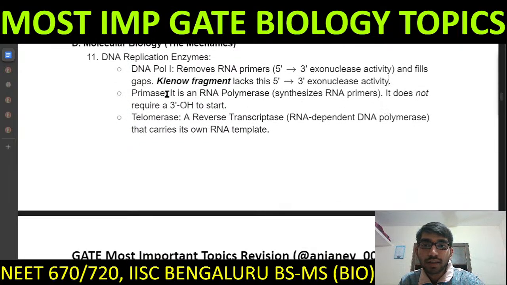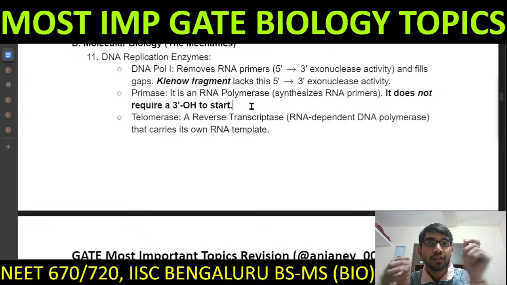Then there is another enzyme, primase. So it is an RNA polymerase which synthesizes RNA primer. So remember, primase makes RNA primer, and it does not require a 3' OH to start. So this is very important. Had it been the other case that it requires a 3' OH, then there would be no primer synthesis at all. Because how will we have a 3' OH to start with, right?